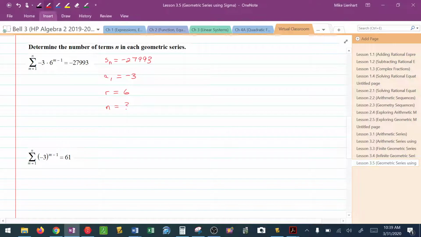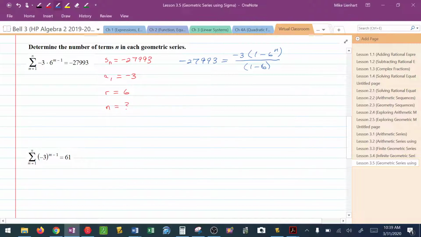So I'm going to go to my formula here. I have negative 27,993 is equal to a sub 1, negative 3, times 1 minus r to the n, over 1 minus r.